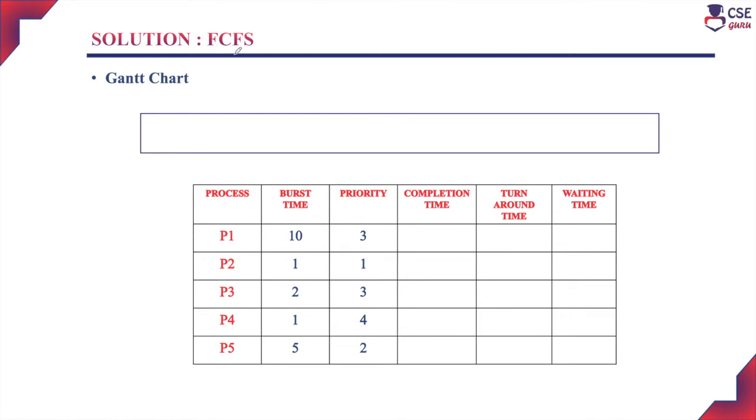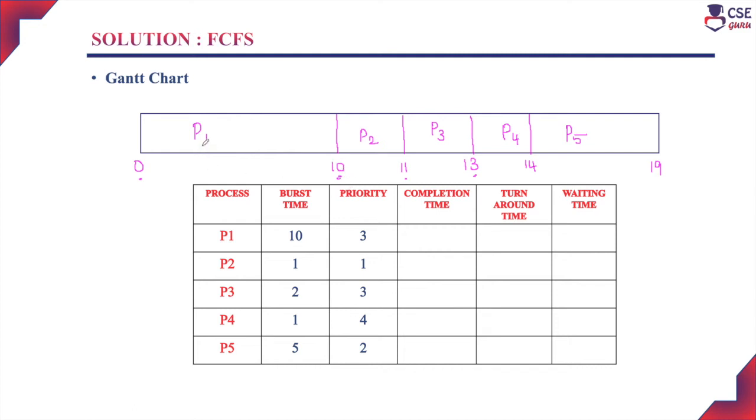First, for the FCFS scheduling algorithm, we will find the turnaround time and waiting time. We have already constructed the Gantt chart for FCFS. Now we will find the completion time for each process. Completion time is the time when the process completes its execution with the CPU. For each process, the left hand side value shows the starting time and the right hand side value shows the completion time.